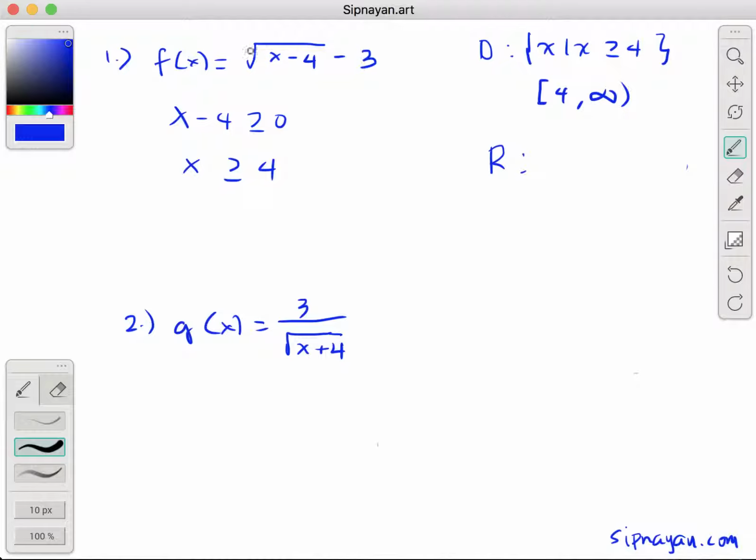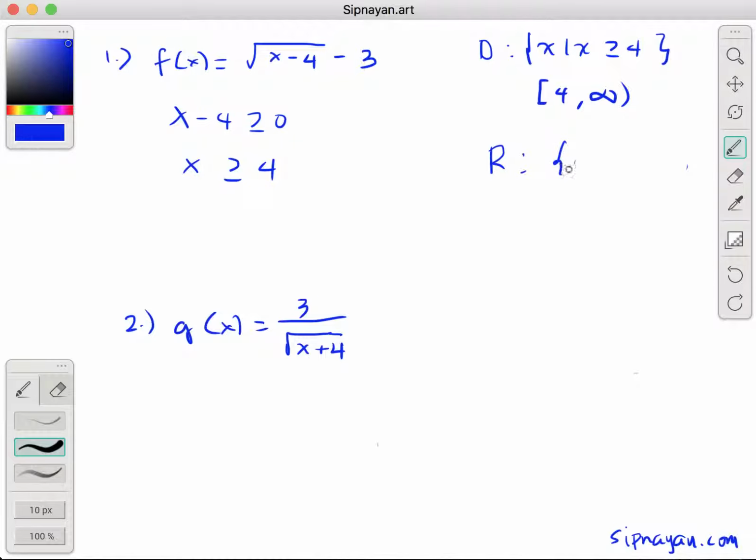Ang pinakamababang value nito ay 0, di ba? Kasi greater than or equal to 0. So, pag equal to 0 siya, yun ang pinakamababa niya. Meaning, 0 minus 3, the answer is negative 3, yun yung pinakamababang value ng f of x.